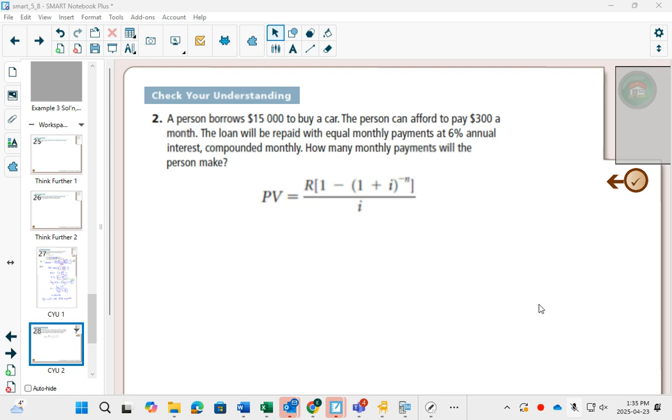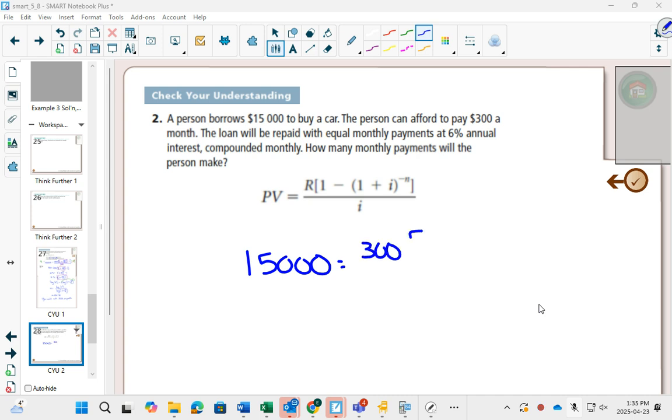And again, this formula would be given to you, and it would explain that the present value is how much the loan is. So that's where we would put our $15,000 in. The R is your payment, so we would put our $300 in there. It wouldn't tell you the one is a one. You just have to know that the numbers are still numbers.